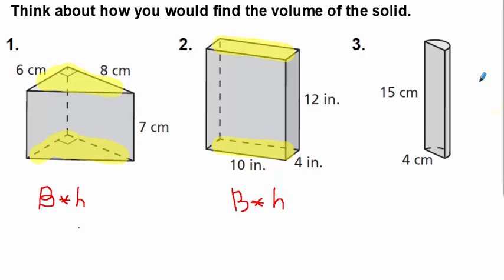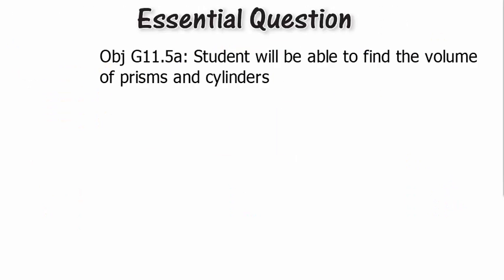In the next one, I definitely do have specific bases that are parallel. These two have circles. If I find the area of a half of a circle, multiply that times the height. That's the game plan. So we're going to be able to work on specifically finding those volumes. And we'll have one section that's a worksheet, and then tomorrow's will be out of the book.